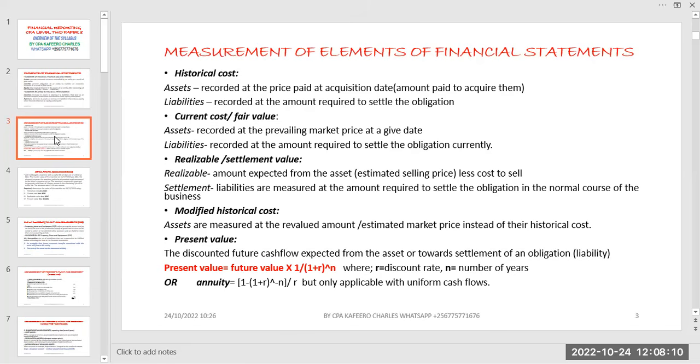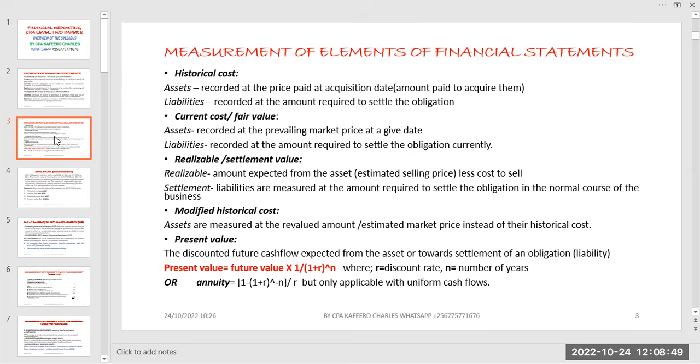As I said earlier, when you have acquired an asset at 10 million, you may find that if you revalue that asset now, it is not going to fetch the same amount that you paid to acquire it. If you paid 10 million, at the time of revaluing you may find that the asset has increased in value and is now costing 15 million or 20 million.